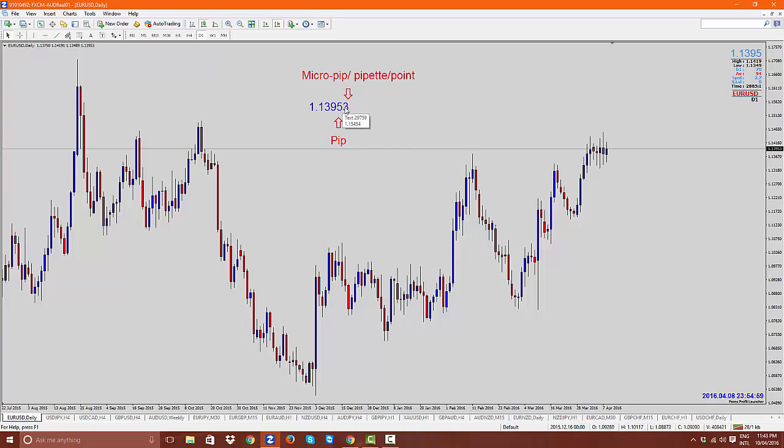If I say the market moves 53 points, that means it moves 5.3 pips. If I say the market moved 953 points, that means 95.3 pips. If I say the market moved 3,953 points, that means the market moved 395.3 pips. So on the points, however many points there are, you divide it by 10, you'll get the pips. Alright, so this is the not so important stuff.